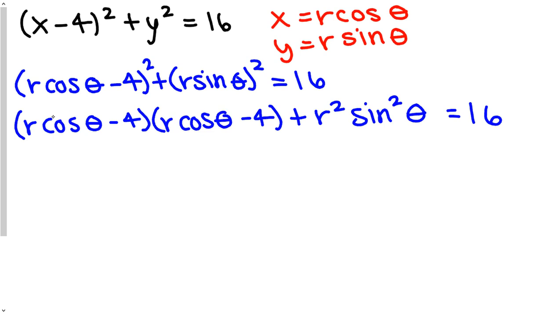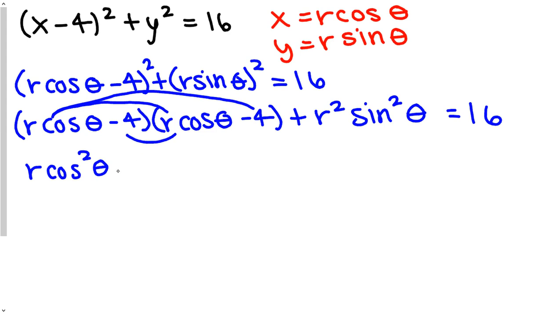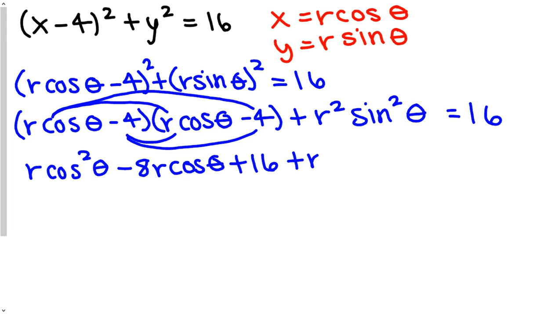When we multiply this out, r cos θ times r cos θ is r² cos²θ. r cos θ times negative 4 and negative 4 times r cos θ will give me two of those, so negative 8r cos θ. And then negative 4 times negative 4 is positive 16.